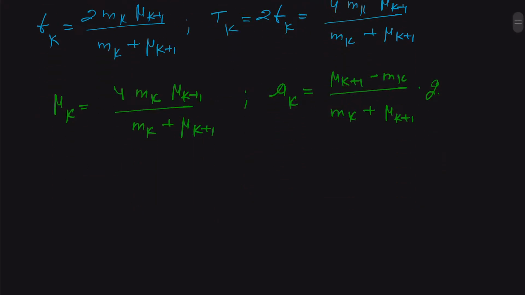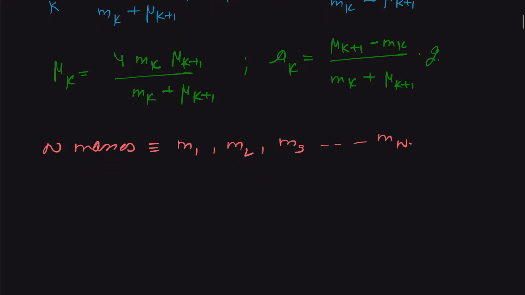And also we can say that let's say that we are having n masses, and these masses suppose are represented as m1, m2, m3, and so on up till mn.